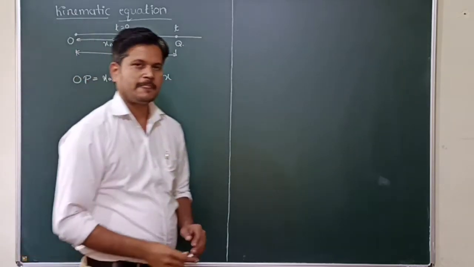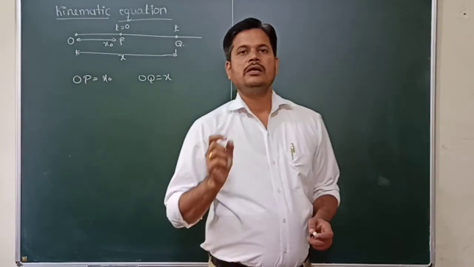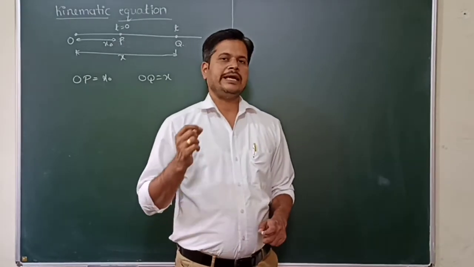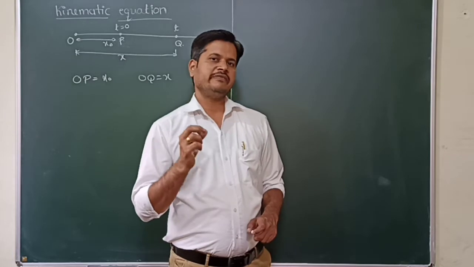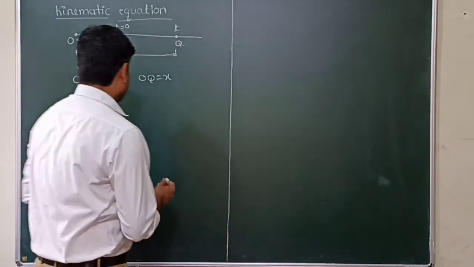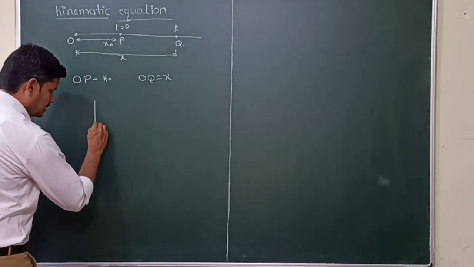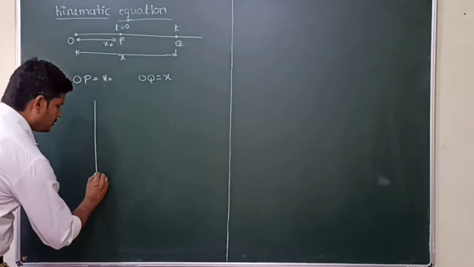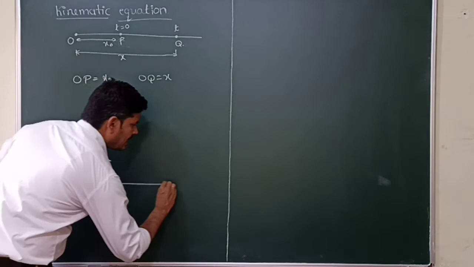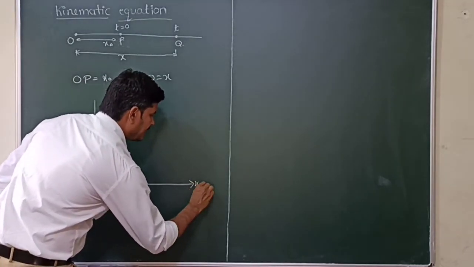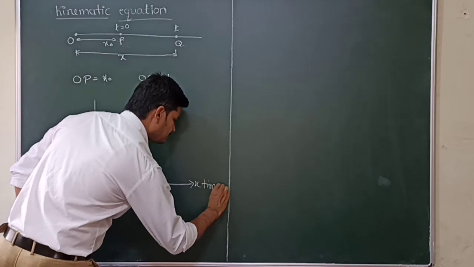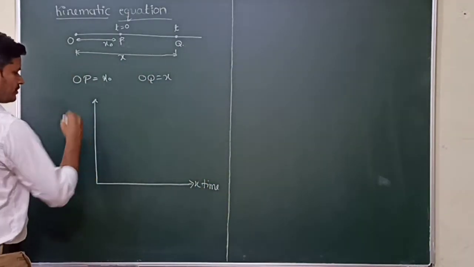Just remember here. Once again, draw a velocity-time graph for a particle moving with a constant acceleration. Along the y-axis we are choosing velocity, and along the x-axis we are choosing time.